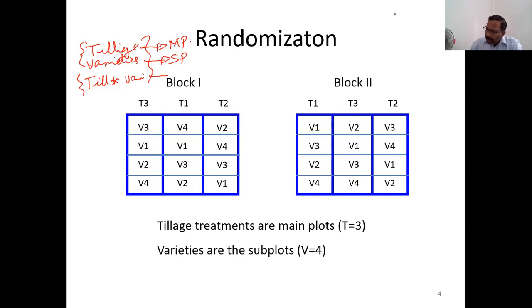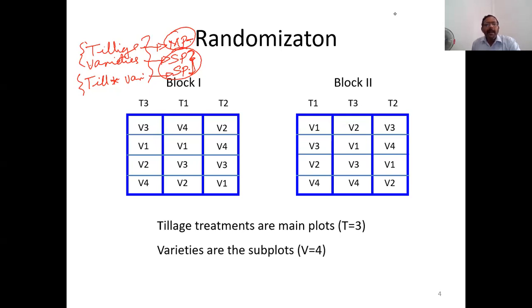What about tillage by variety? Subplot. You see, these 2 are in subplot and this is in main plot. So these 2 will be treated similarly, and this will be treated differently.